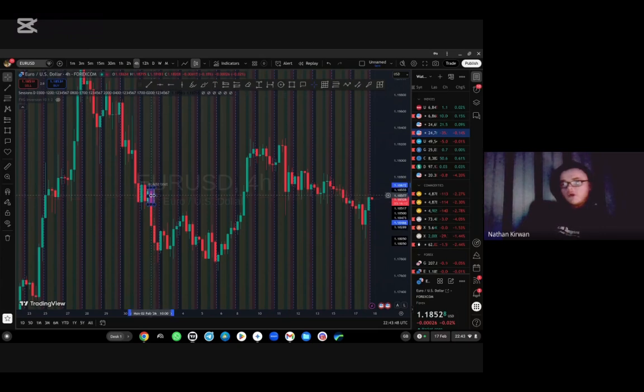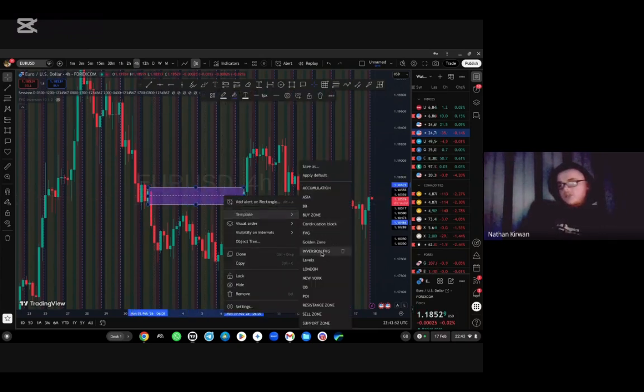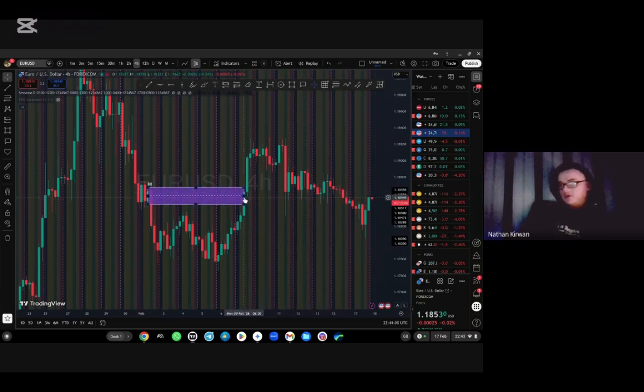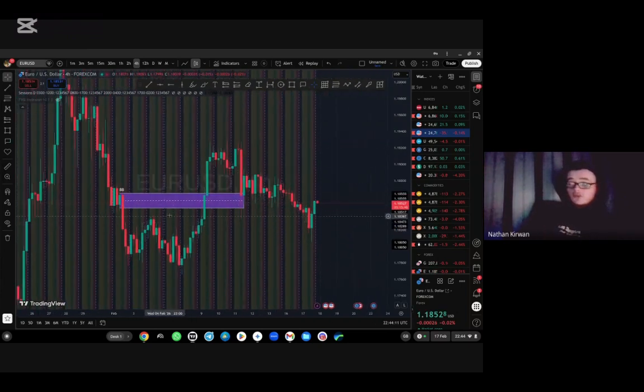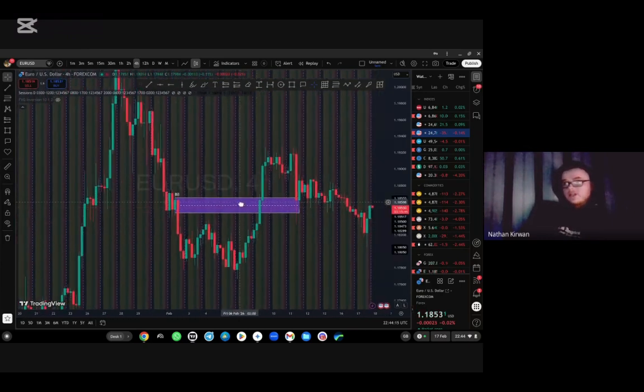What does price do though? Instead of getting the reaction that you want off of this zone, price comes down and breaks through the zone. Breaker block. Price comes down, breaks through the zone, and then gets a reaction off it. It's just an example because it was there, and every time I go back, the screen takes ages to load.